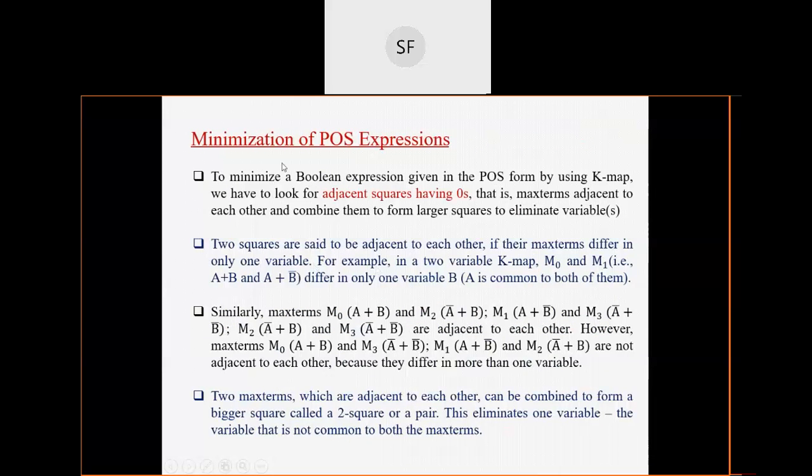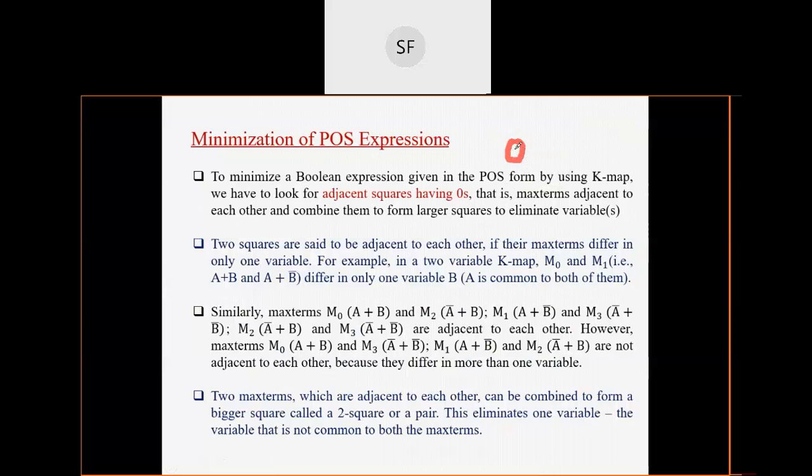Now second is how to minimize. So always remember, कौन सा भी फॉर्म रहे, first you have to map the min terms or max terms on the K-map, and once you map them, then second, you have to minimize the POS expression. So minimization is nothing but you have to form pairs, दो अलग अलग पेयर फॉर्म करने हैं, राइट, डिपेंडिंग ऑन द वैल्यूज ऑफ जीरो और वंस. Since we are discussing the POS expression, we will concentrate on the values 0.